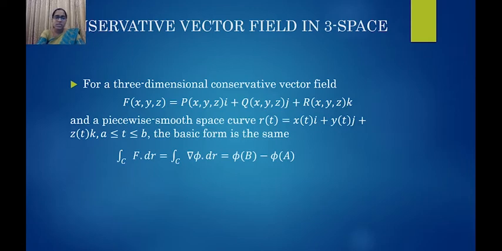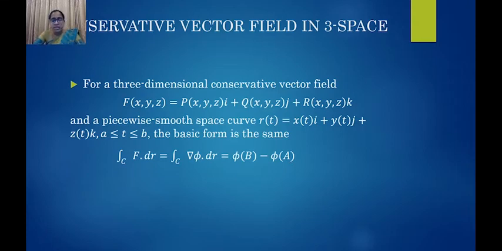If it is conservative, and r of t equals x of t i plus y of t j plus z of t k is a piecewise smooth space curve, where t varies from a to b, the basic form is the same: the integral over C of F dot dr, given that F is conservative, equals the integral over C of grad phi dot dr, where phi is a potential function corresponding to F, and that value is phi of B minus phi of A. This was the first theorem that we had seen in the case of 2-space.